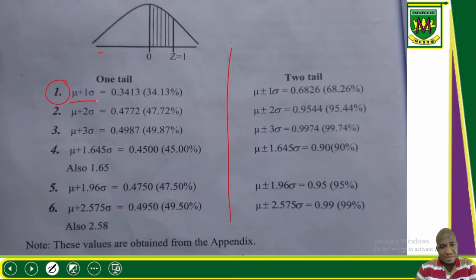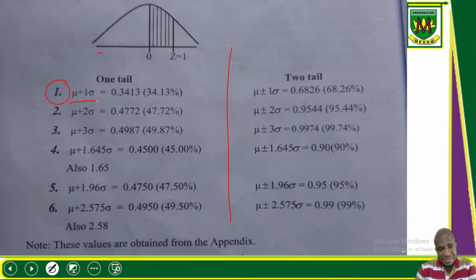And remember I said anytime you see plus, that means moving one standard deviation units. And the plus signifies what? Movement towards the right direction, because we add as we move to the right direction. So if it was mean minus one standard deviation, then it will be movement towards the left direction.